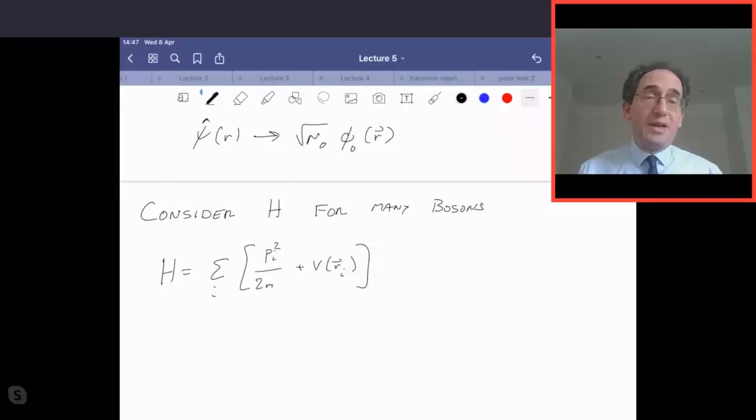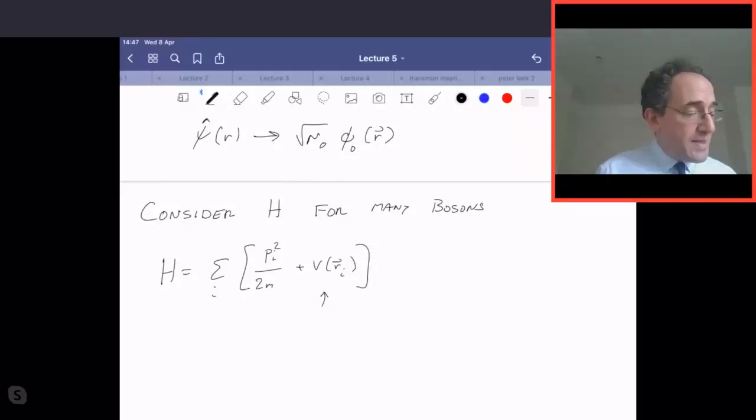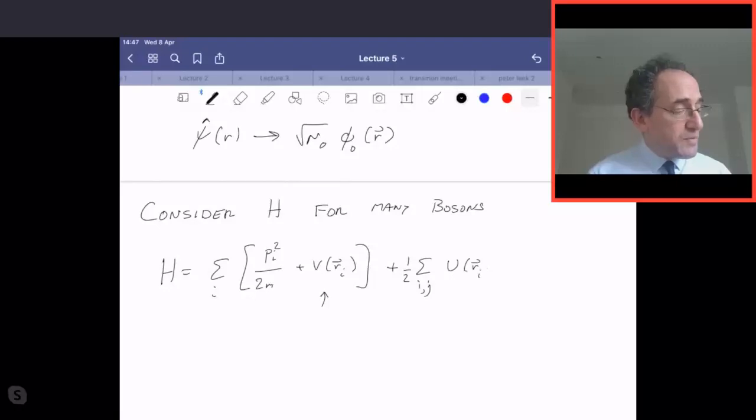Maybe in the cold atom world, we like to put the particles in a trap, and this V might also include a chemical potential that just raises or lowers the energy of all the particles if we want. And then the interesting part we'll write this way: a factor of 1/2, sum over all particles i, j. The interesting part is the interaction between particles i and j.